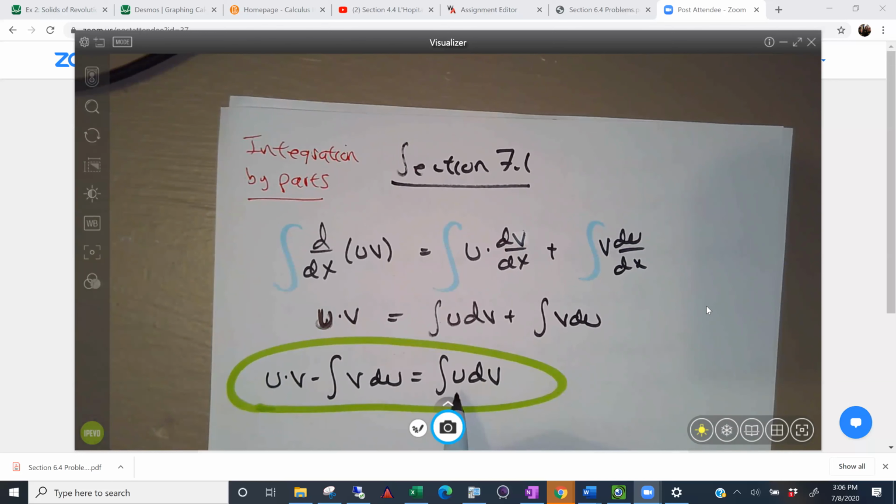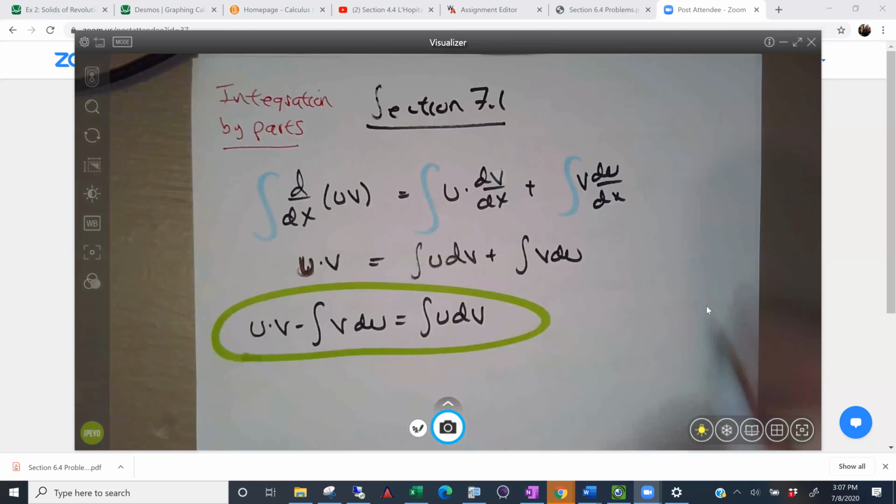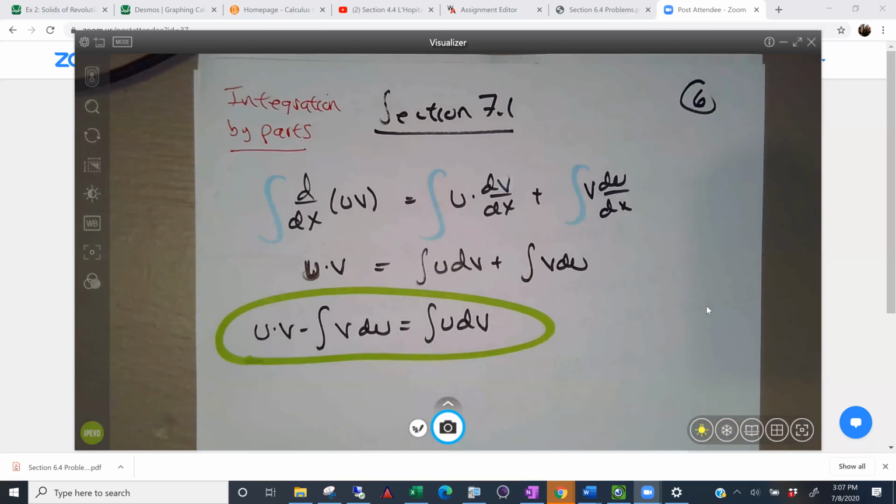You're going to try and figure out what could u be and what could dv be. If you can figure out those, then you have a chance of rearranging things, and hopefully what you're left with, this v du term, will be easier to integrate. So we'll play around with this and see what we can do with a bunch of examples.